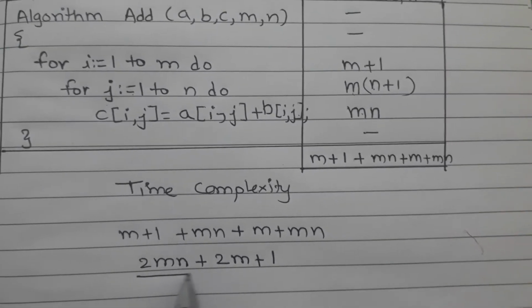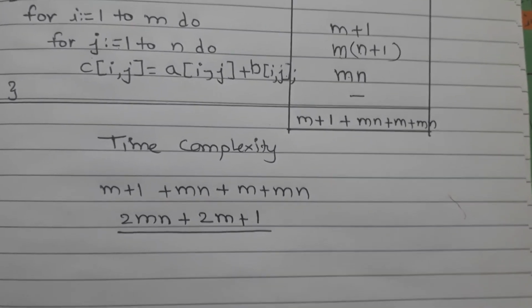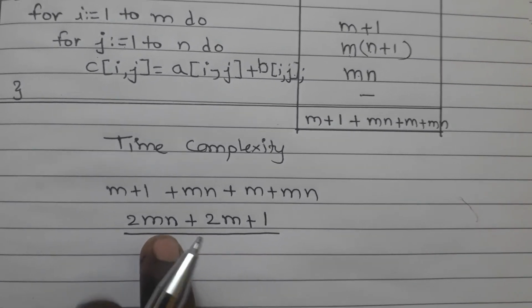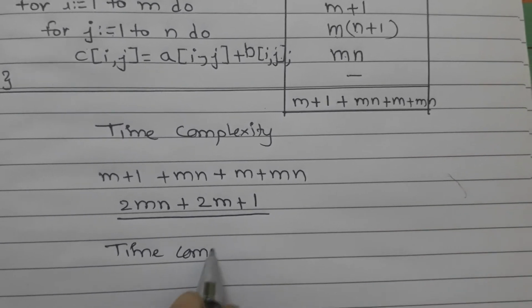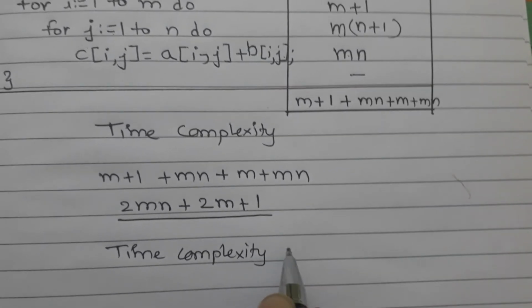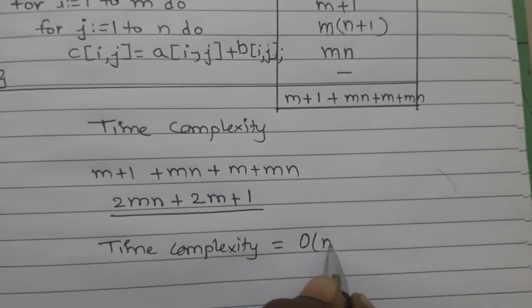Here you can see that the highest order term is mn. Therefore the time complexity for this code will be big O of mn.